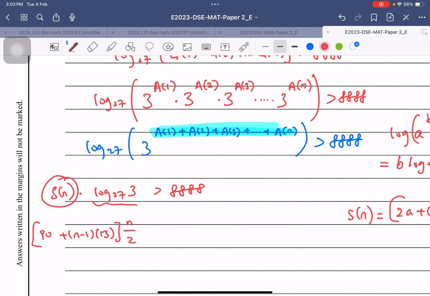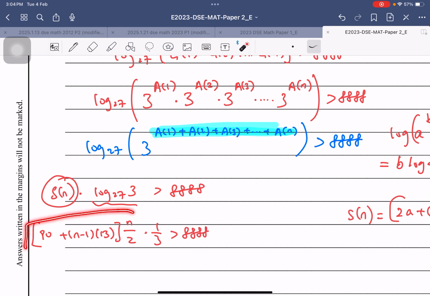And then give a comma, and then give it 3. So this means the base is 27, and you want to calculate what is log 3. Okay, so the answer is giving you 1/3. Can you get it? So now we have 1/3 times 1/3 times 1/3 greater than 8888.